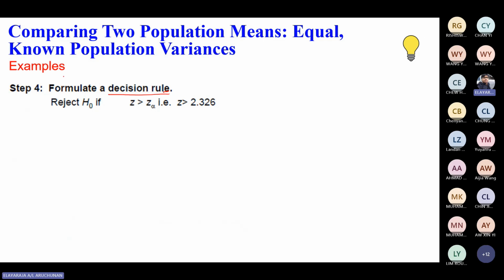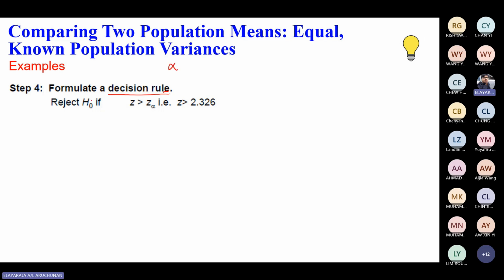So we need to know if we should reject the null hypothesis. The condition is that the z value we obtain is greater than the z value at the significance level, the critical value, the alpha value.